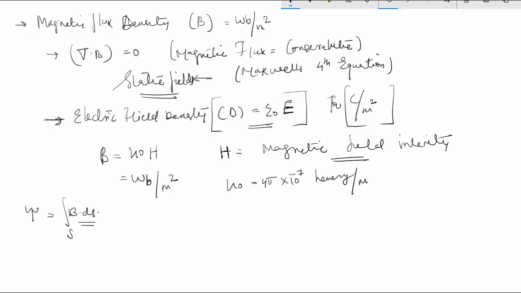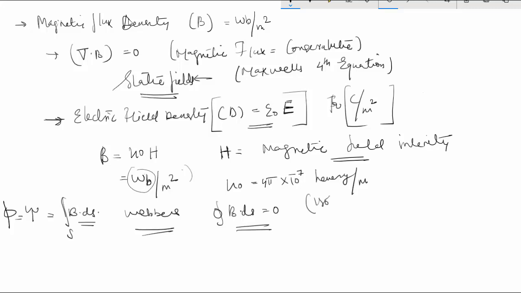You are multiplying by meter square, so you get the total Weber, which is the flux. It is seen that through any closed surface, the integral of B dot ds will always be equal to 0.